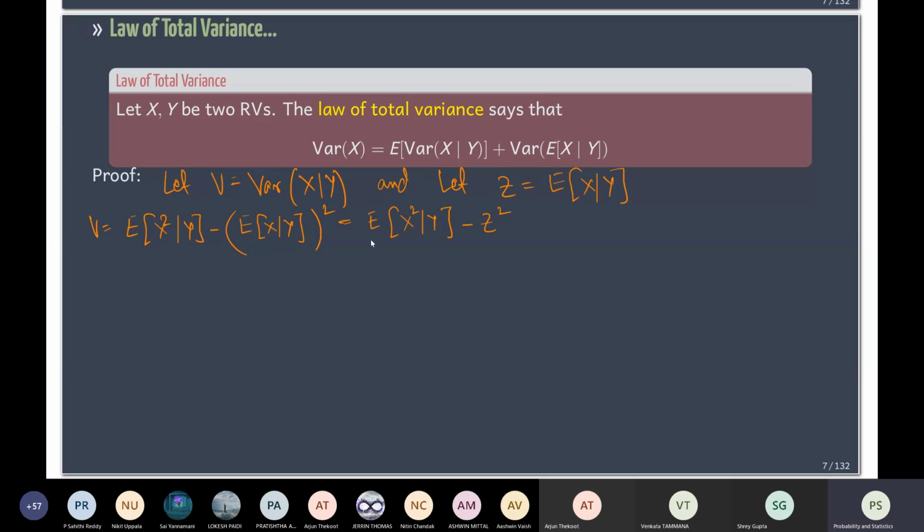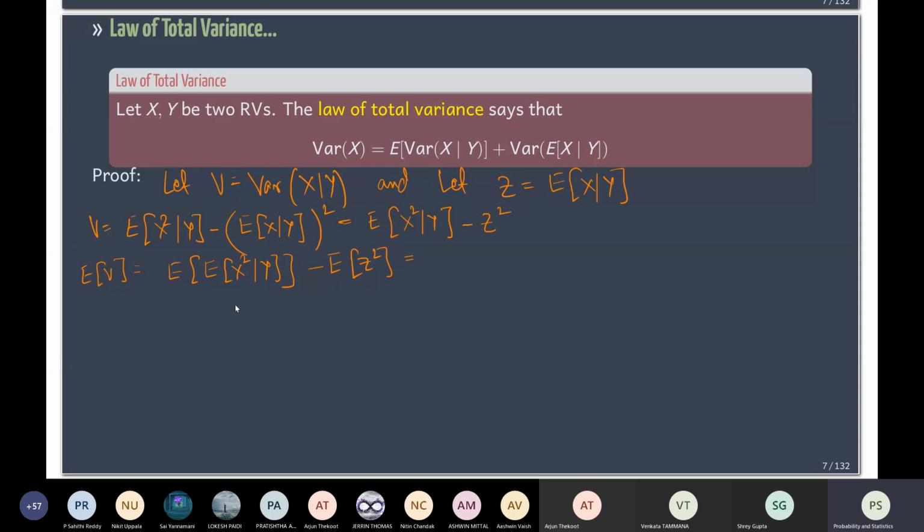Then we are supposed to find the expectation of v, the first term. So let us go ahead and find it. The expectation of v is the expectation of x square given y minus the expectation of z squared.